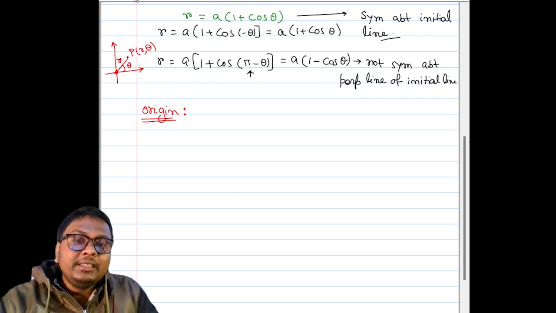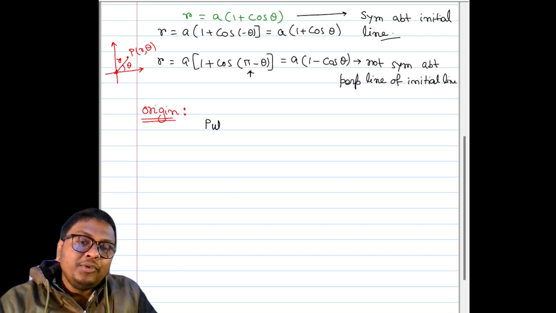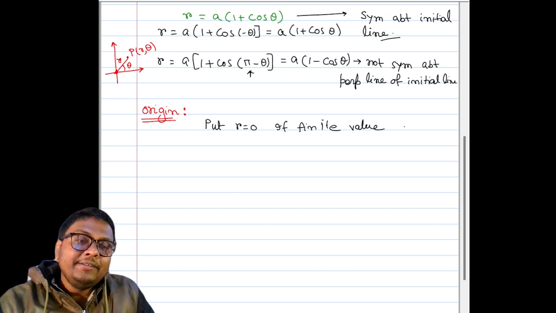So you just put r equals 0, and if you get a finite value of theta, then we can say that it passes through the origin.